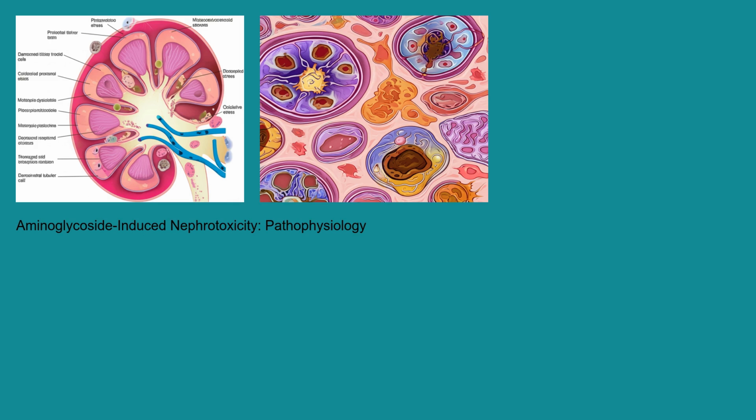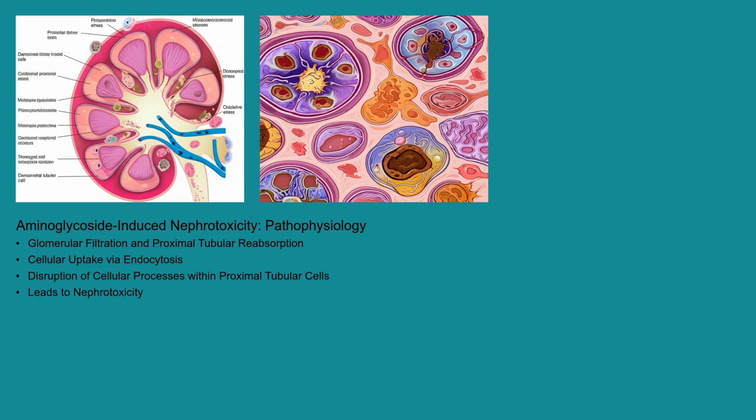Let's delve into the pathophysiology, or how aminoglycosides damage the kidneys at a cellular level. Aminoglycosides are filtered by the glomerulus, the kidney's filtering unit, and then reabsorbed by the proximal tubular cells via endocytosis. Once inside these cells, they disrupt various cellular processes. They interfere with mitochondrial function, reducing ATP production, the cell's energy source. They also induce oxidative stress by generating reactive oxygen species, which damage cellular components.